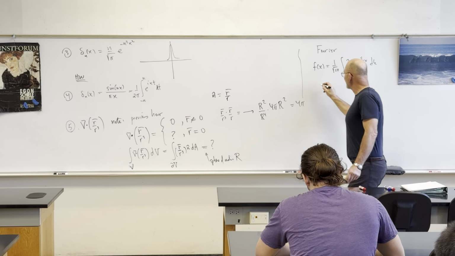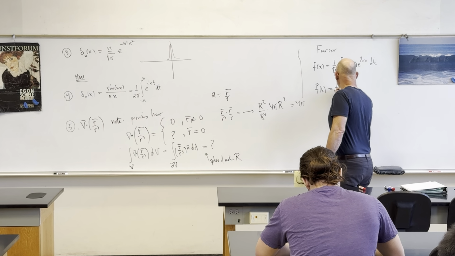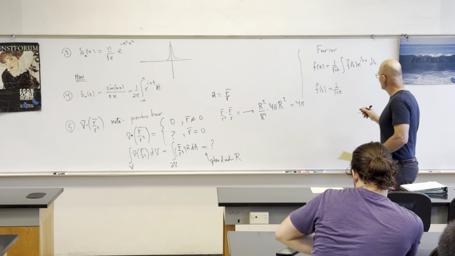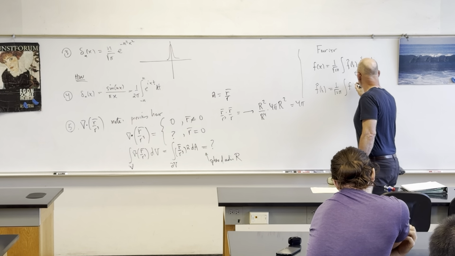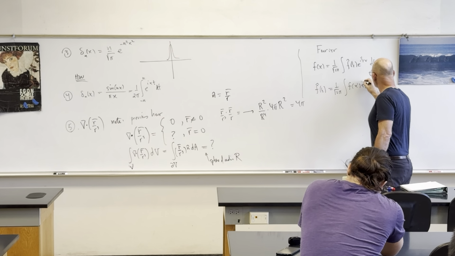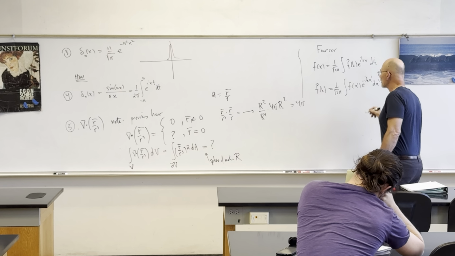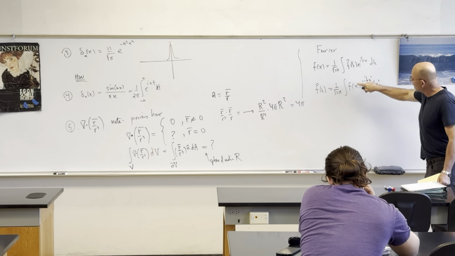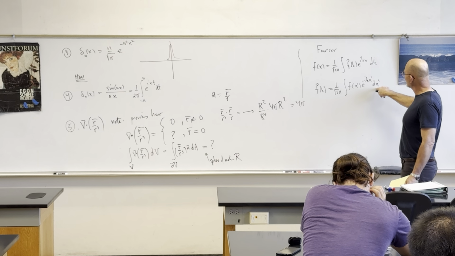And right under here we have f hat of k equals 1 over root 2 pi integral of f of x prime, e to the minus i k x prime dx prime. We're using a different variable this time because I want to plug this integral into the top one, so I had to choose a different integration variable.